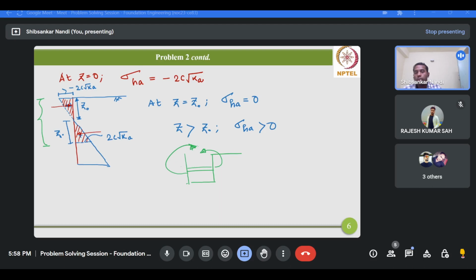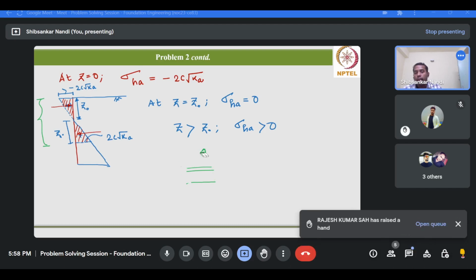Now, as you can see, at least for a depth of 2Z0, you can safely carry on the excavation. There is no need to provide any lateral support, and the side soil should not collapse.